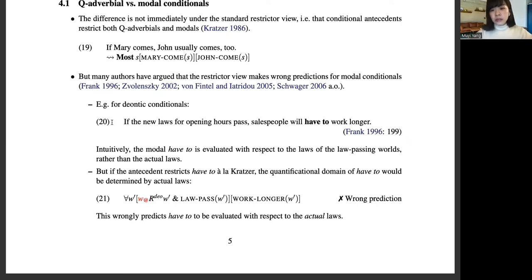Here in the consequent, the sentence has the deontic modal have to. And what's important is that intuitively, the modal have to in this sentence is evaluated with respect to the laws of the law-passing worlds. So we want to evaluate the necessity of salespeople working longer with respect to a set of laws, including the new laws for opening hours. We don't want to evaluate it with respect to the actual laws because the new laws haven't actually passed. So that's the intuition.